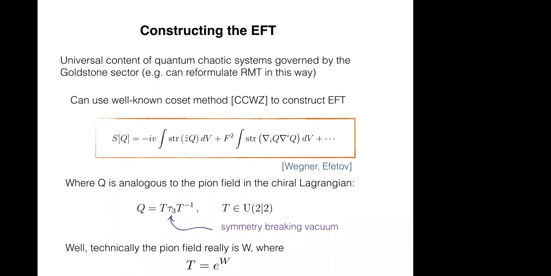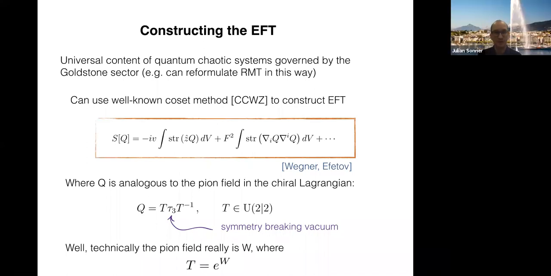So, right. Basically, what one then does is construct the effective field theory in a way that is analogous, for example, to the pion Lagrangian and the chiral Lagrangian, I guess Weinberg and Wheeler and people like that.